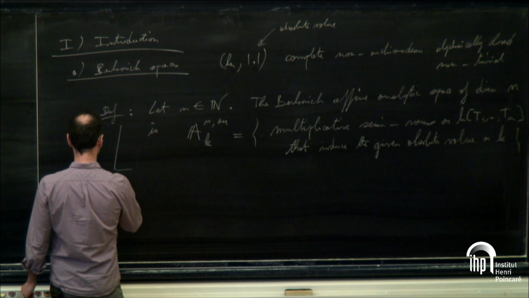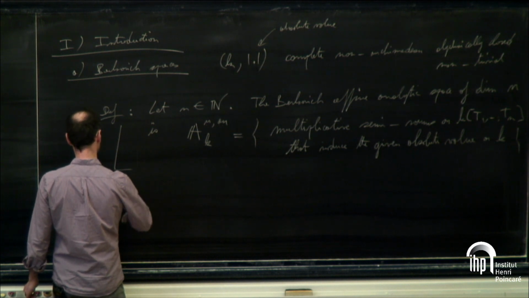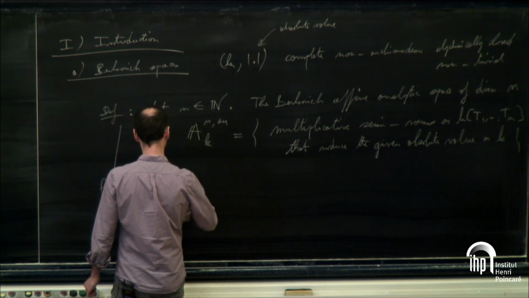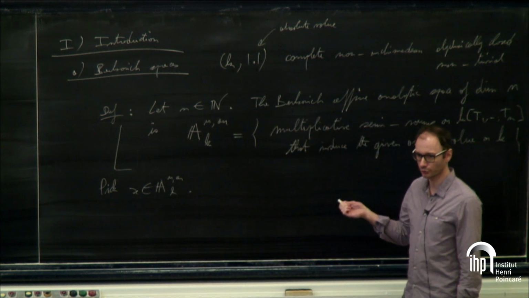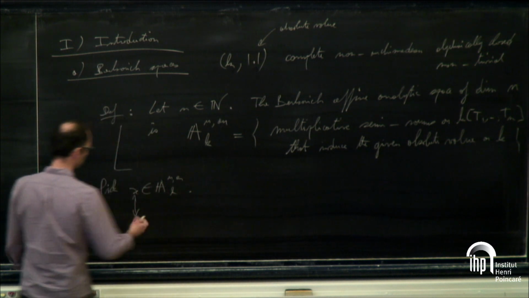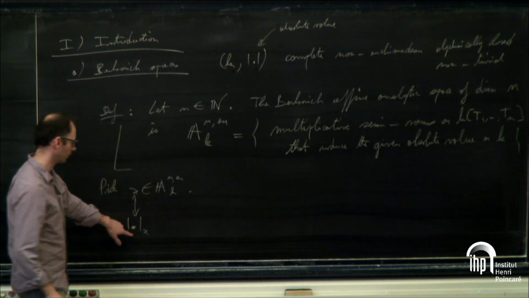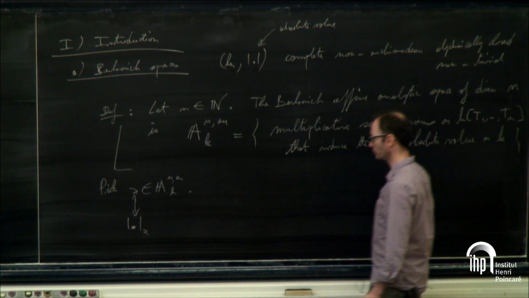Now let me take a point, say x, in this analytic space. I can associate to it some residue field. The associated multiplicative seminorm, I like to denote it like this, just to remember it's a multiplicative seminorm.